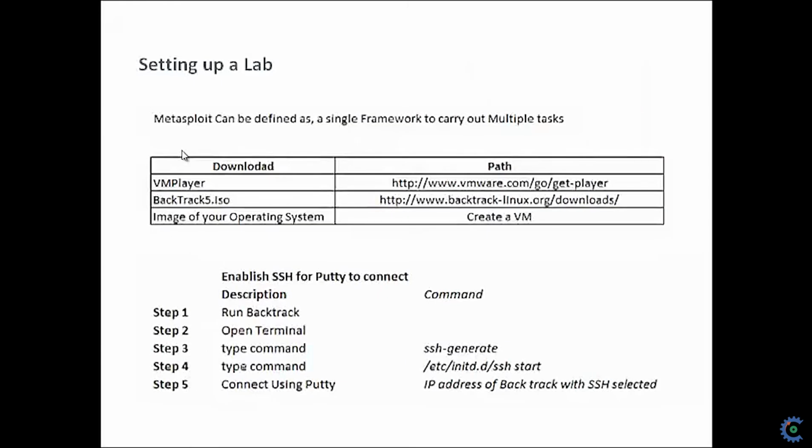Okay, so you can download VM Player from this particular website, and Backtrack 5 from this link, and I recommend you take a copy of your operating system and make a VM of it for a victim.